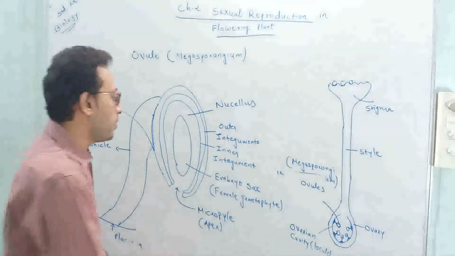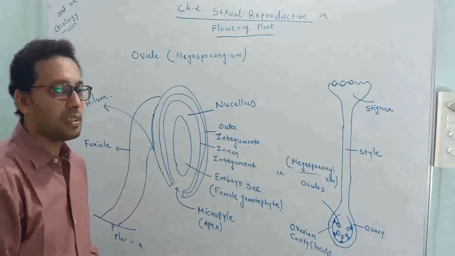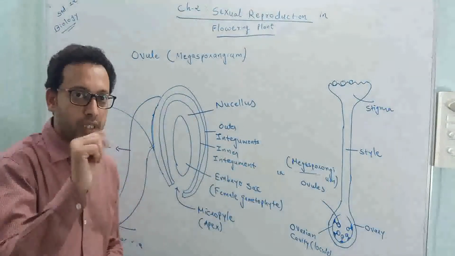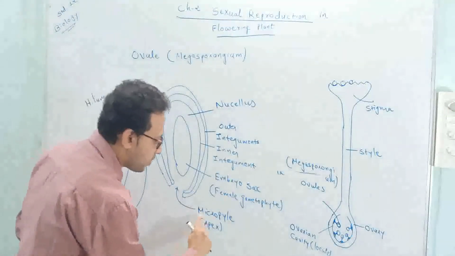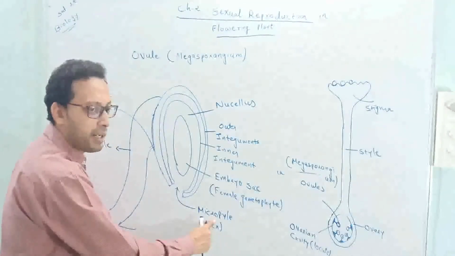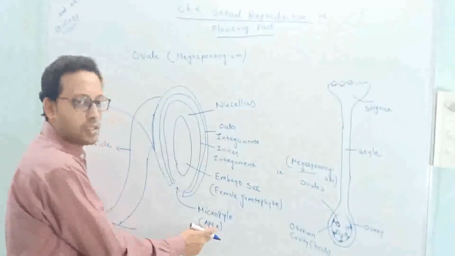So this is about the structure of this ovule. One thing is left. You know that there is a region where the covering, the integument, is absent. This is called micropyle, and that forms the apex of the ovule.